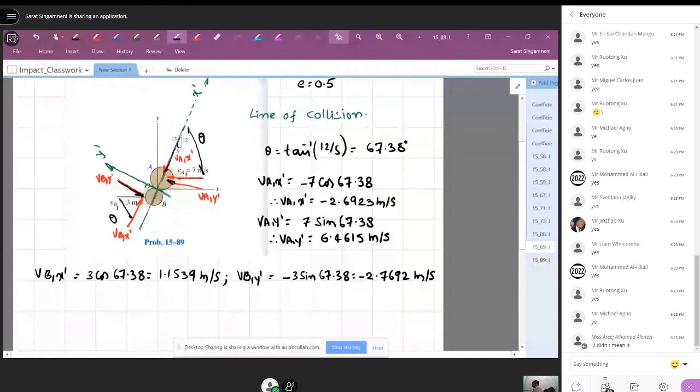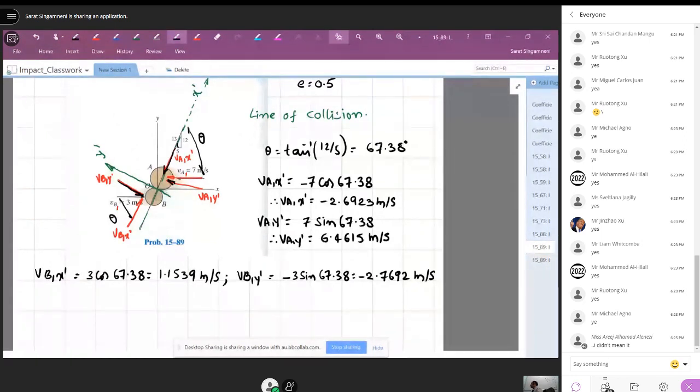I have VA1 and VB1 parallel to x-axis given, but I resolve them into components along x dash and y dash using the known angle. This is what I have done.